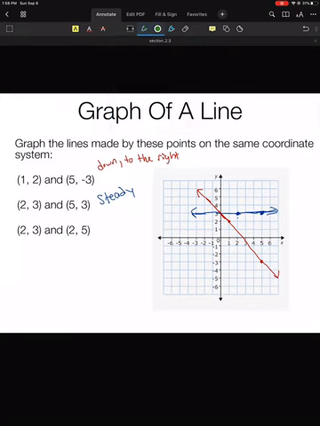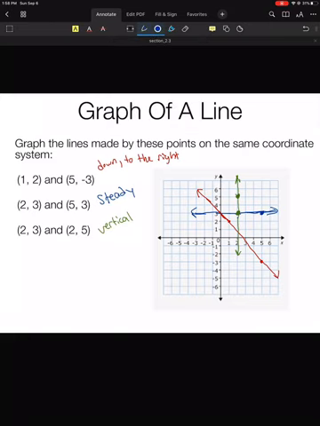Then (2, 3) and (2, 5). We'll do that one in green. That makes a vertical line, vertical at 2.